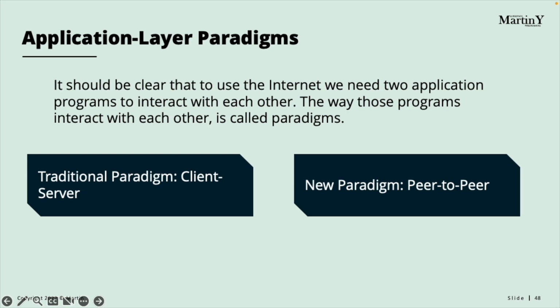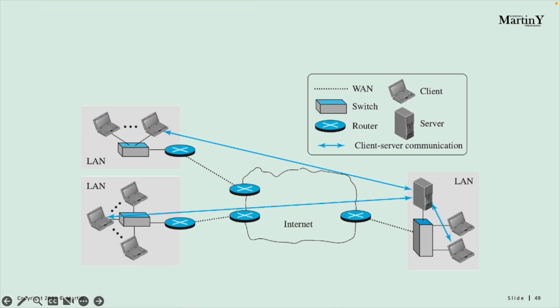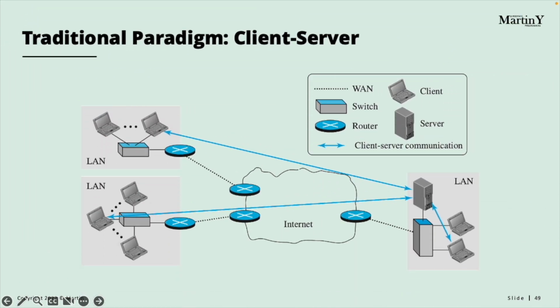Okay, so let's actually see if I have a drawing for that. So you get a better idea? Okay, great. So this is the way we're using the client-server paradigm. Let's say you have multiple clients anywhere around the world, and you have a server.